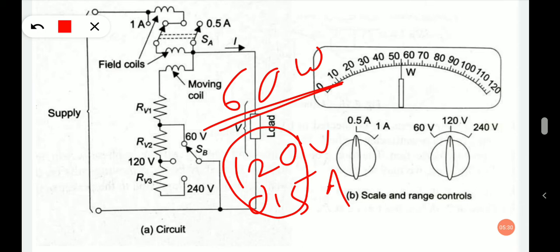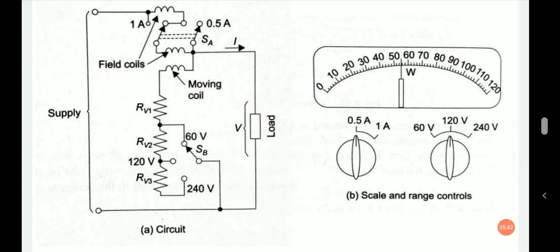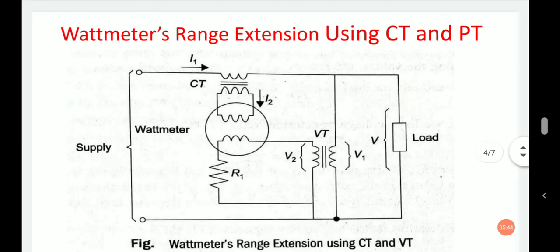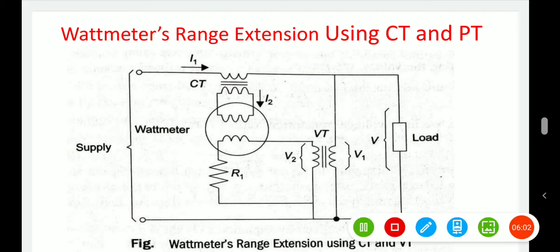When load current and voltage are much higher than the normal wattmeter limits, instrument transformers are used to extend the range of the wattmeter. Here, range extension using CT and VT.